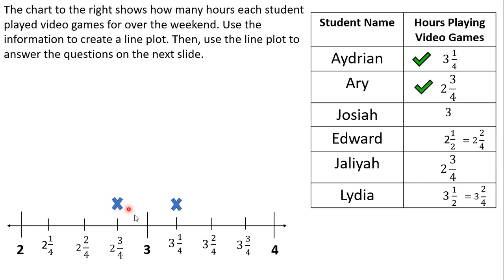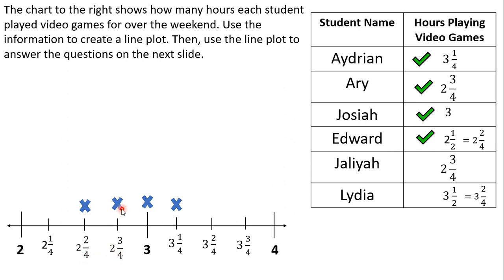Josiah played for 3 hours. So we'll look for the 3 and plot a point, or a mark, above 3 to represent how long Josiah played for. Edward played for 2 1/2 hours, which is the same as 2 2/4 hours. So we'll locate 2 2/4 and we'll place a point above 2 2/4. Jalea played for 2 3/4 hours, which is represented here.